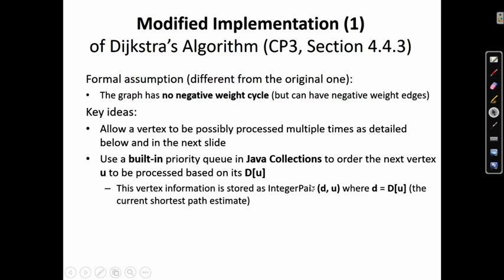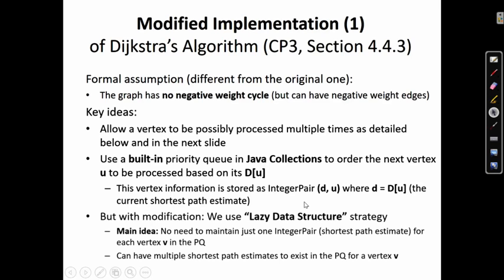Same thing, we need to enqueue the integer pair for each vertex, which is the current shortest path estimate D for the vertex U, where D is equal to D of U. At this point it's still almost the same as original Dijkstra.